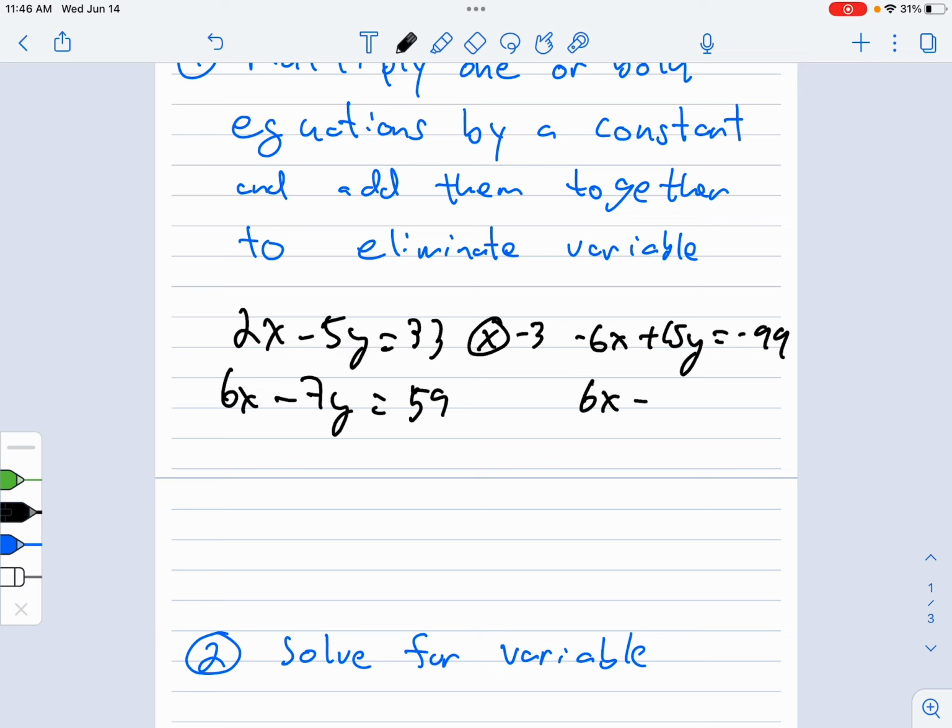Then we just write the second equation down, 6x minus 7y equals 59. If we add these equations together, you get 8y, the x's are now gone, equals minus 40.